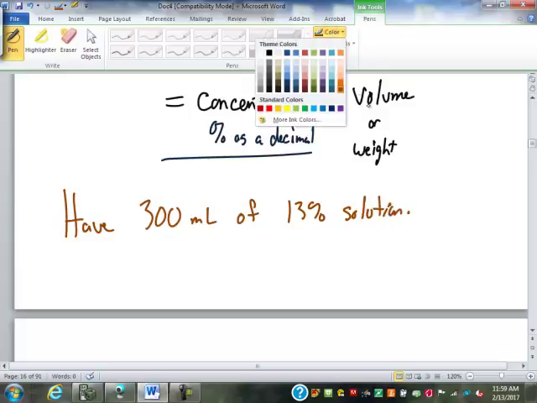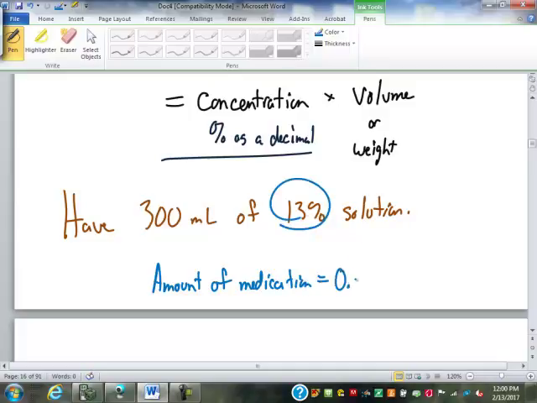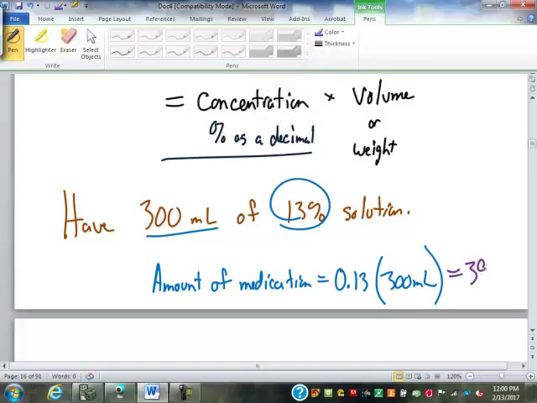The amount of our active ingredient, or the amount of our solute, or medication here, is going to be the concentration, that's the 13%, but we're going to write it as a decimal, 0.13, times our volume of 300 milliliters. That's going to multiply out to give us 39 milliliters of that active ingredient.